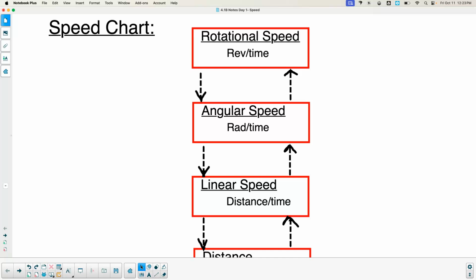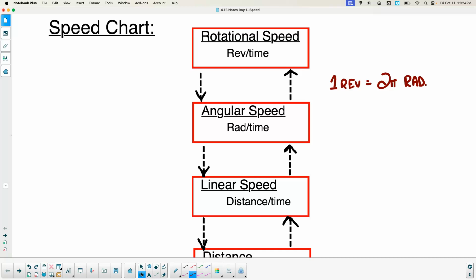And so we're talking about that, and the one thing that we need to know is that in one complete revolution, there are 2 pi radians. Okay? The conversion here is 1 revolution is 2 pi radians.